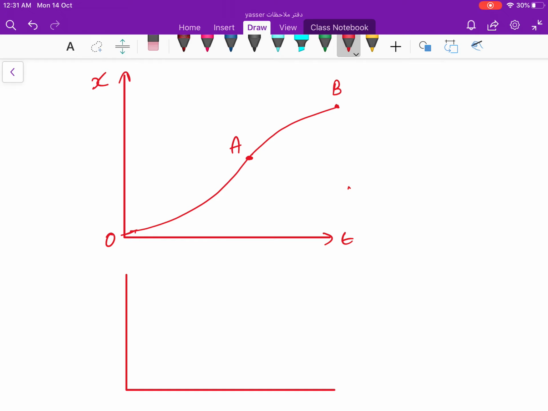We have a velocity time graph, and I want you to draw it. If you look here, we have an increase in the velocity. The increase is uniform, so I'm going to draw it by a straight line.